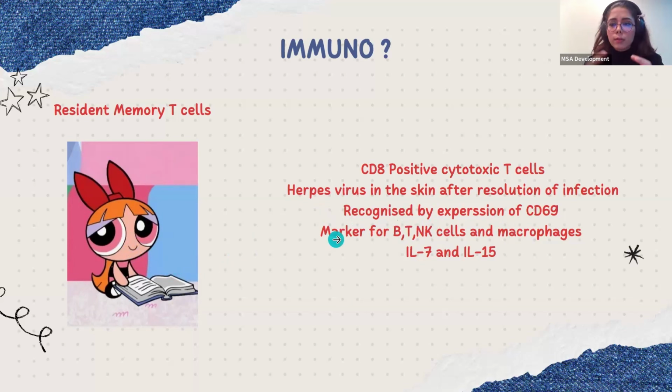So if you wanted to take a sample from the skin and see whether there are any resident memory T cells, you use a CD69 dye, I guess. It's also a marker for B cells, T cells, NK cells, and macrophages. They release interleukin 7 and interleukin 15. Most of this is not really important, but keep it in the back of your head.